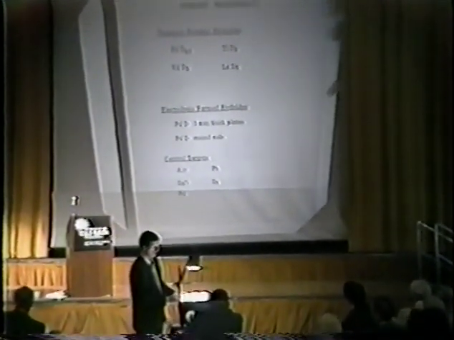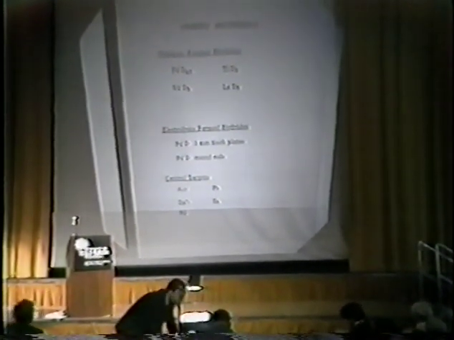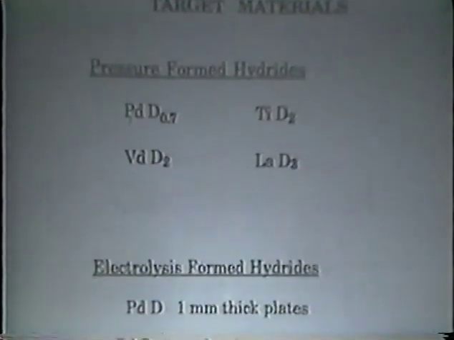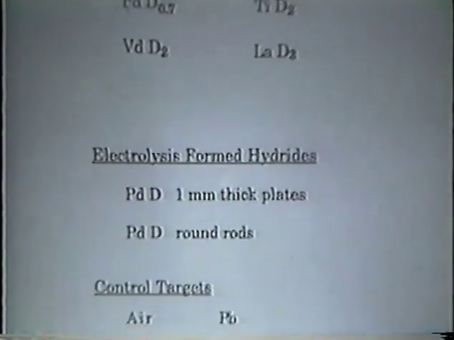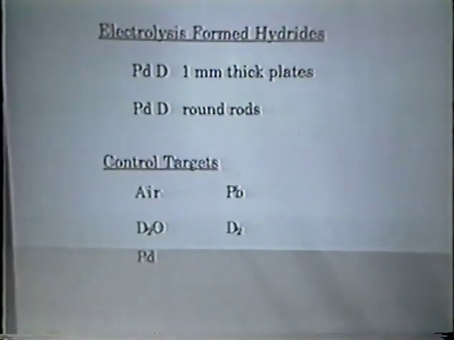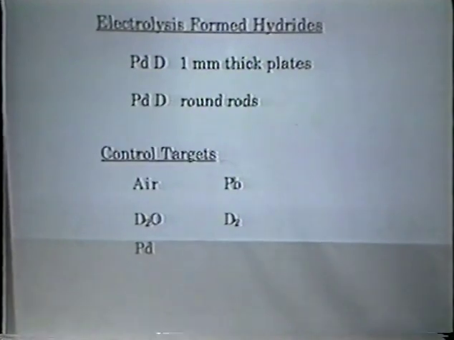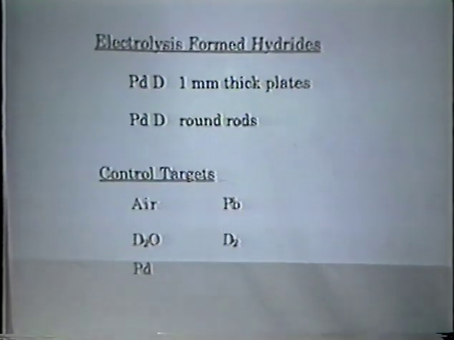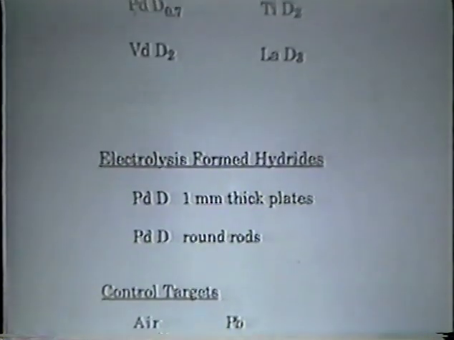We've tried a number of target materials. Some of them have been pressure-formed hydrides, some of them electrolysis-formed hydrides, and of course, the famous control targets, the very necessary part here. The pressure-formed hydrides were typically done at about a couple hundred degrees C, a couple hundred PSI, for something like 10 hours.